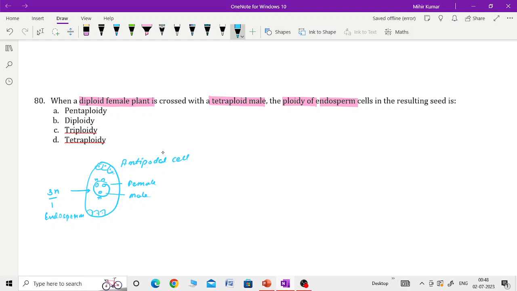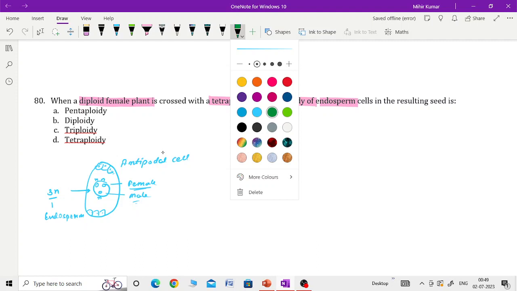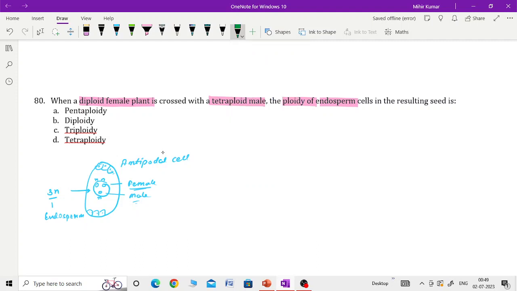When we look back at this, female 2n means n and n, male 1n. Then we consider this question. The female is diploid, meaning 2n.